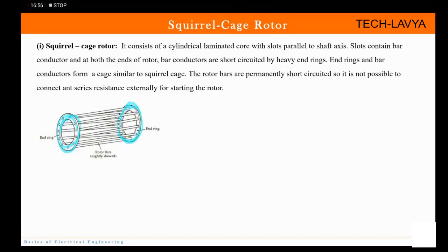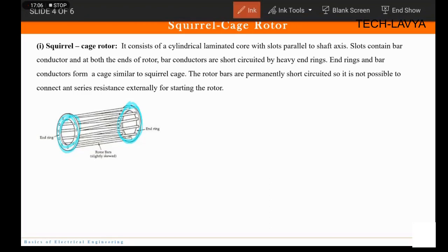Since they are permanently short circuited, you cannot connect an external resistance. Okay. So if you wish to change the speed, it is not possible to connect a series resistor. So what happens is, suppose I wish to change the speed.